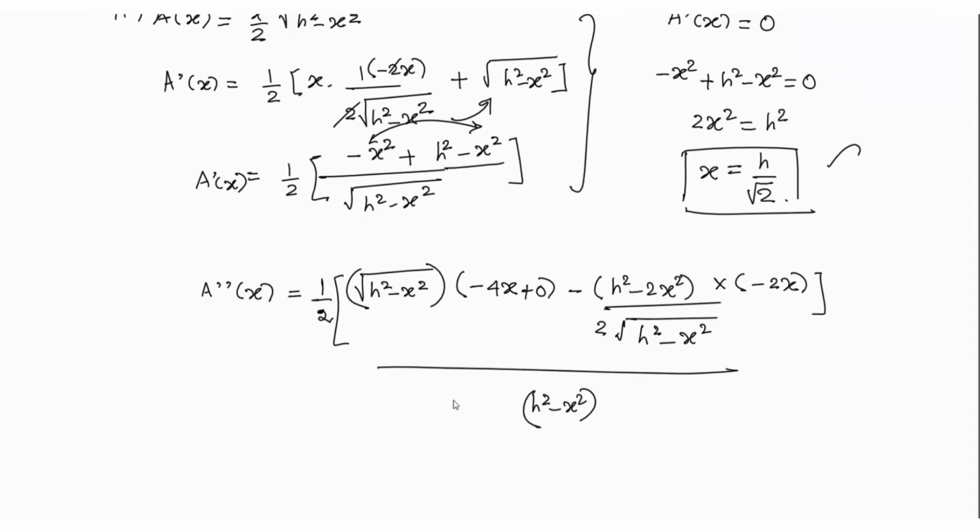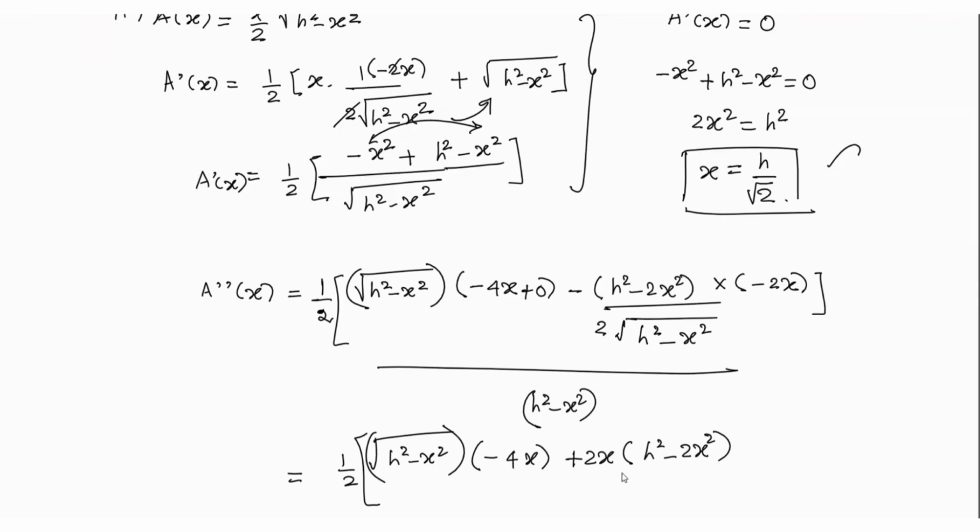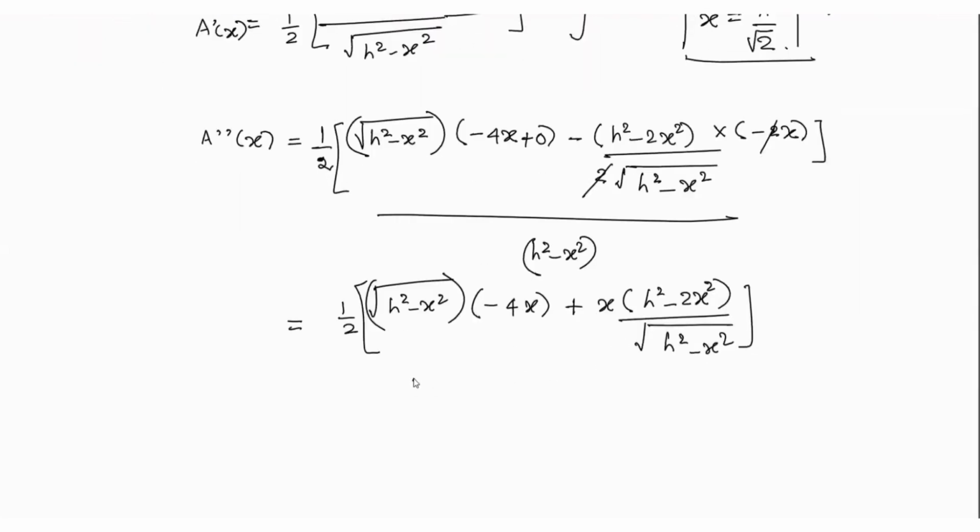The root becomes squared. So half into root of h square minus x square into minus 4x, minus, this becomes minus of minus plus 2x into h square minus 2x square. The 2 and 2 will get cancelled, divided by root of h square minus x square, the whole divided by h square minus x square.